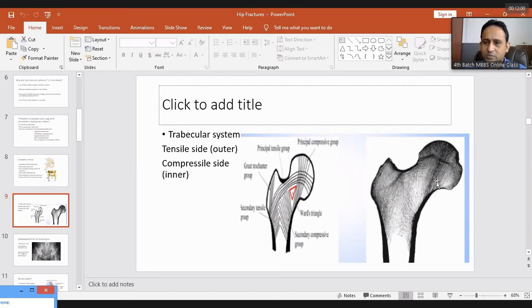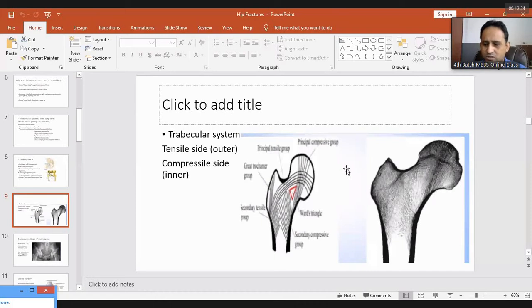So this is the primary compressile, secondary compressile trabeculation system. This will be the primary tensile here, the secondary tensile trabeculae, and you can have a clear area around here. So roughly you can make a triangle, but here it is represented, roughly there is this wide triangle around it.